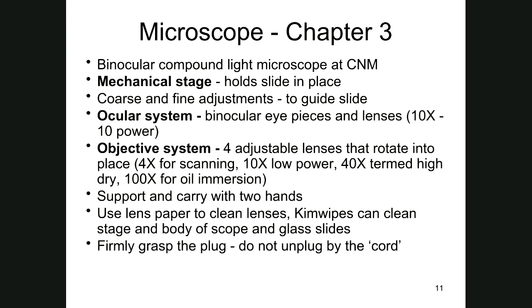Chapter 3, so moving along those first 31 pages, talking about our microscope. I know that you've already used this, in a couple previous classes, not only in veterinary technology, but probably in chemistry and biology. But at C&M, in our veterinary technology area, we have binocular compound light microscopes. So they're binocular.